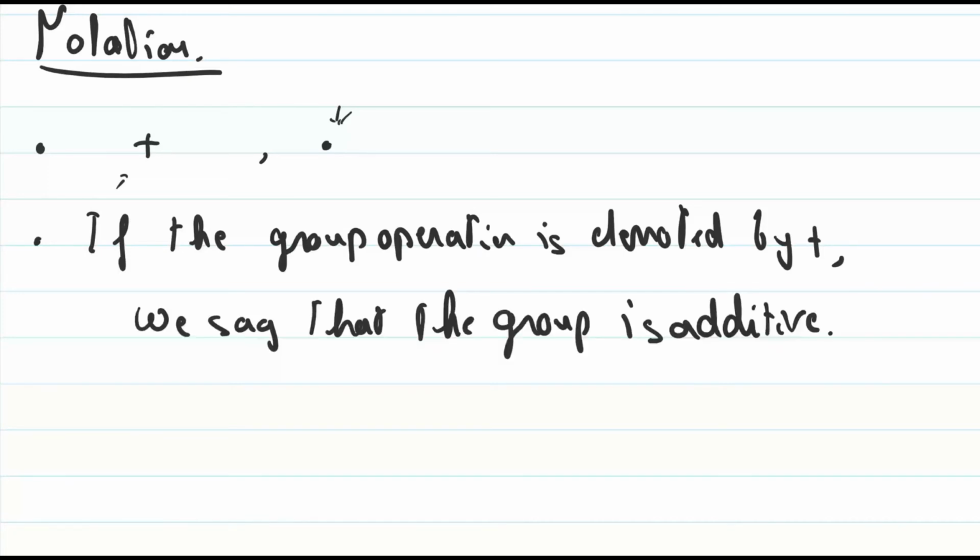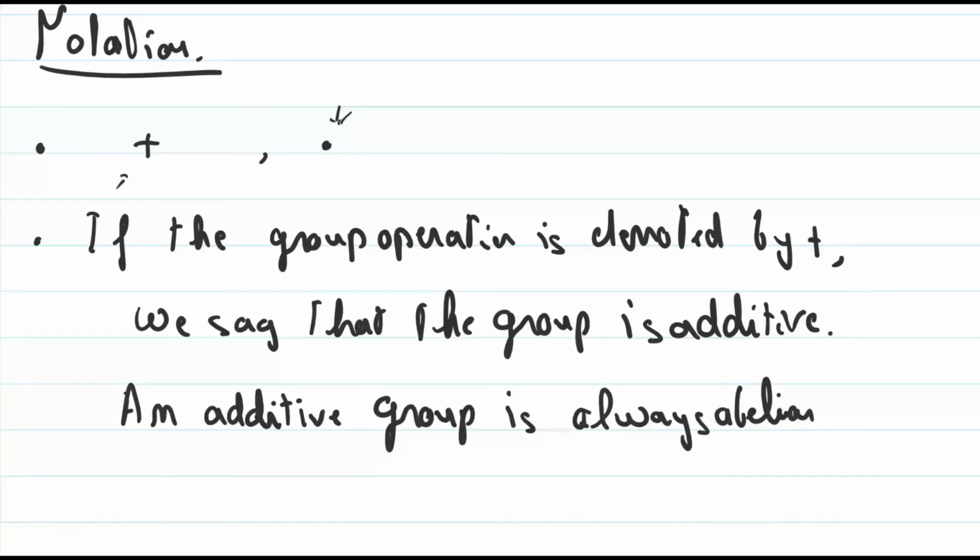So if I tell you, consider an additive group G, you understand the operation of G is denoted by plus. And an additive group, by convention, is always abelian. It's a convention. If you have a non-abelian group, you wouldn't denote the operation by plus. You can denote it by multiplication. That's how people are used to doing things.